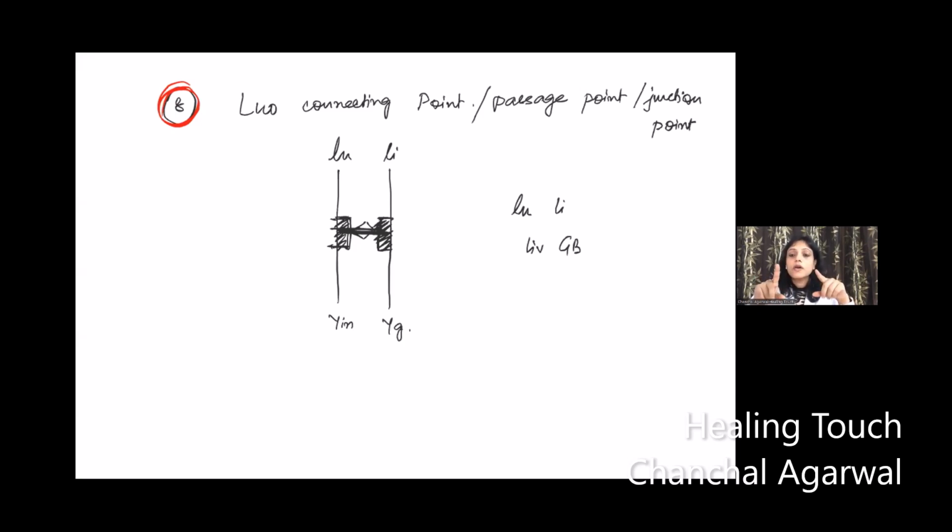In that particular time, energy goes to that particular organ. For example, 3 to 5 a.m. has been fixed for the lungs. During that time, the lung will rejuvenate, which means it will take its energy and balance its energy.